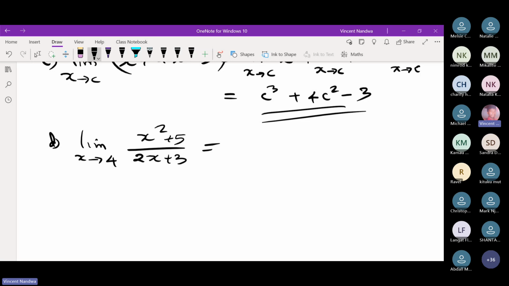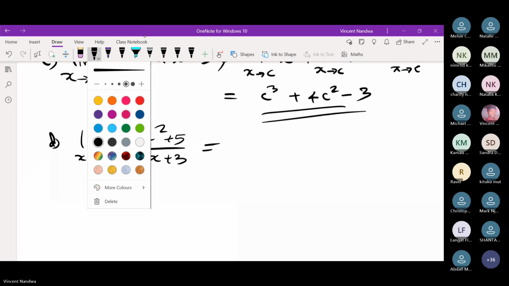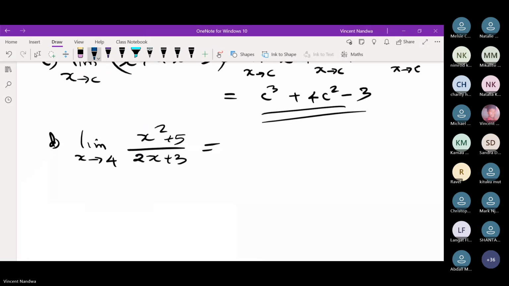So what is the first law to be applied in this case? Sum rule. Will it be the first one? By the nature of the function itself, quotient rule first, yeah.